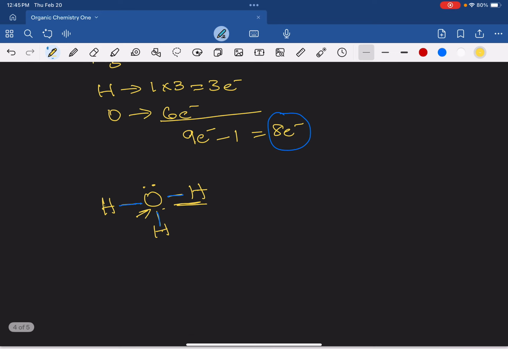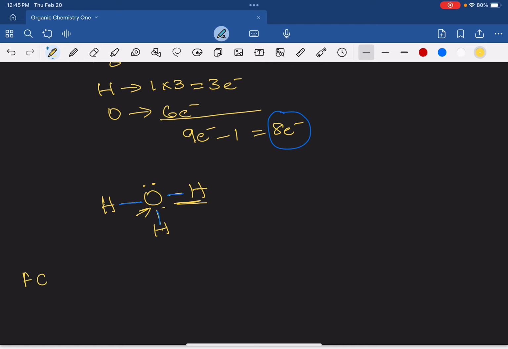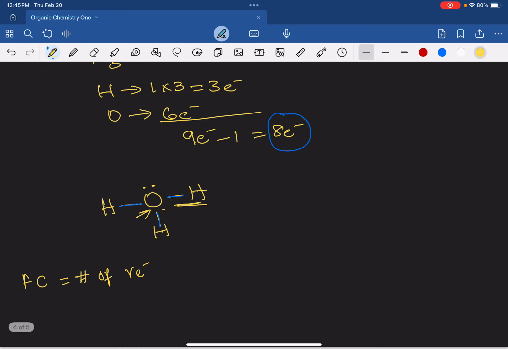There's a formula for formal charge. So the formal charge is equal to the number of valence electrons. I'm going to use VE to represent valence electrons. This is the number of valence electrons in the non-bonded atom, and that's like when the atom is in the periodic table, not bonded to anything, right?